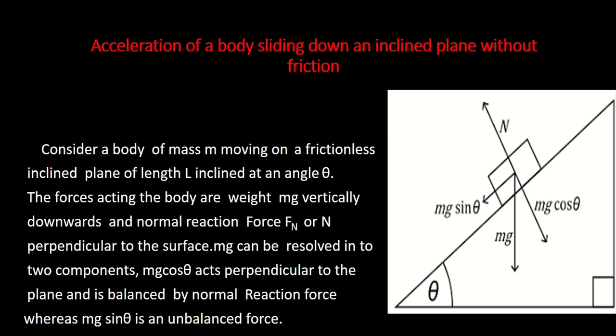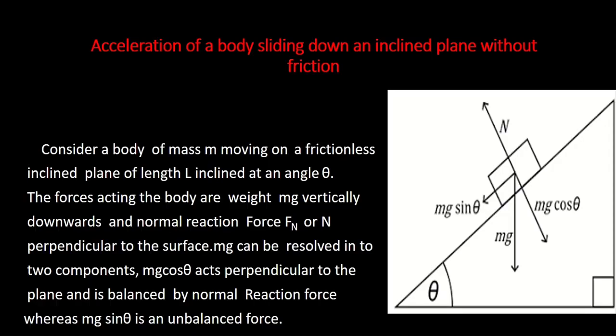Observe the diagram. Here, consider a small block or an object of mass m that is sliding down an inclined plane of length L, which is inclined at an angle theta with respect to the horizontal direction.